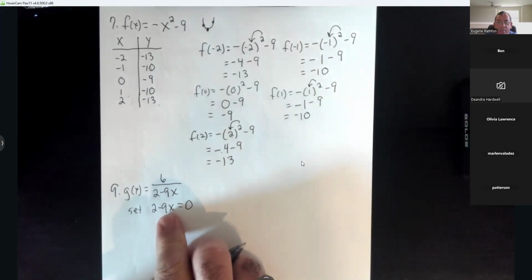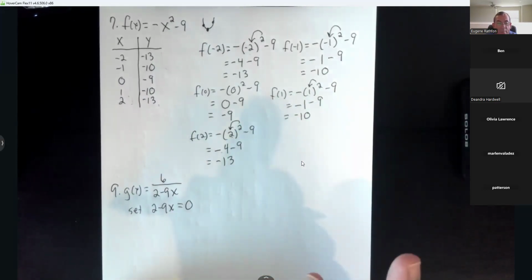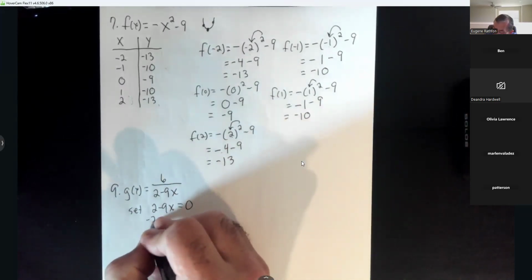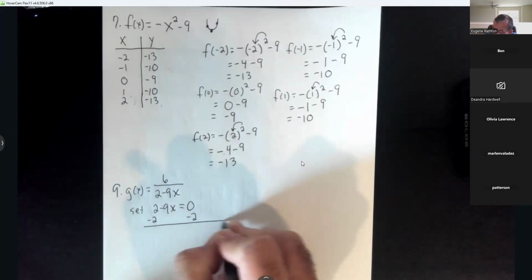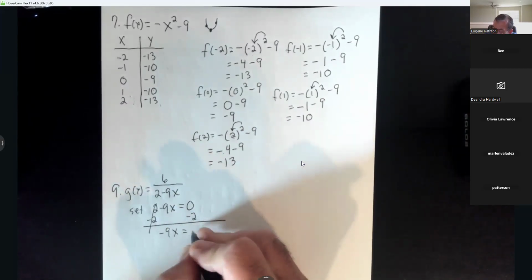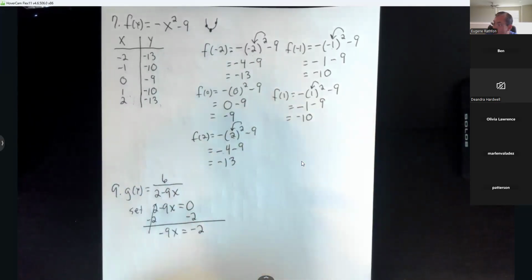Once we solve this, we have the number we're kicking out of our domain. All right, y'all, so this one I would subtract 2 first. That's going to cancel. That's going to give me -9x equals -2.